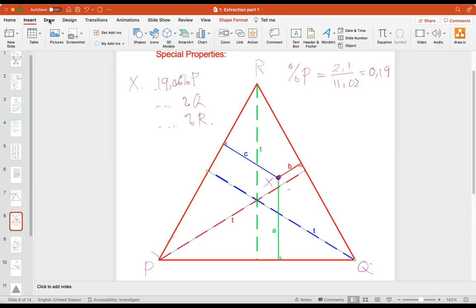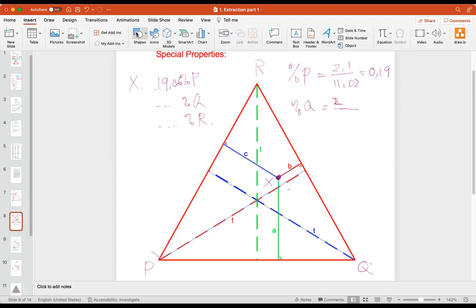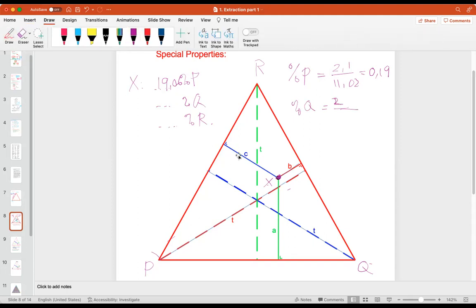So percent Q is, I forgot, okay, this one is 2.46. 2.46 divided by 12.7.